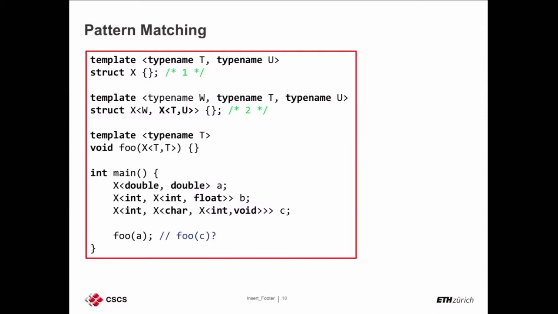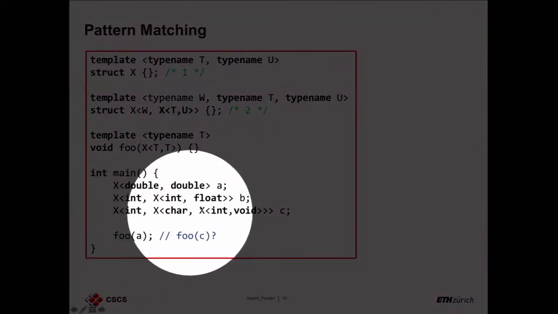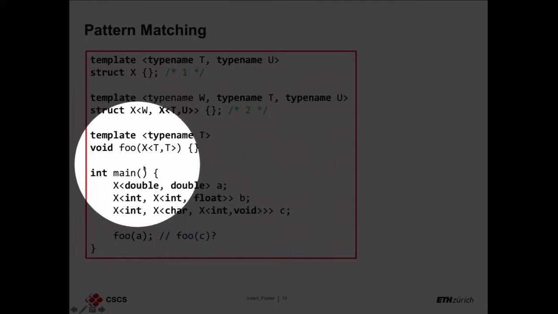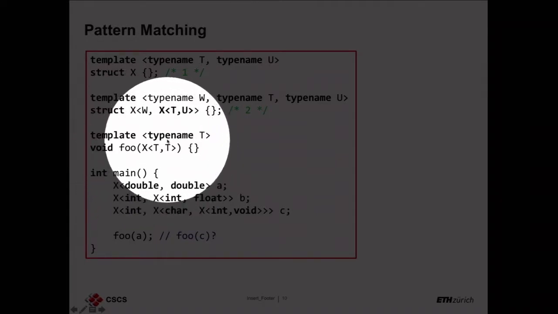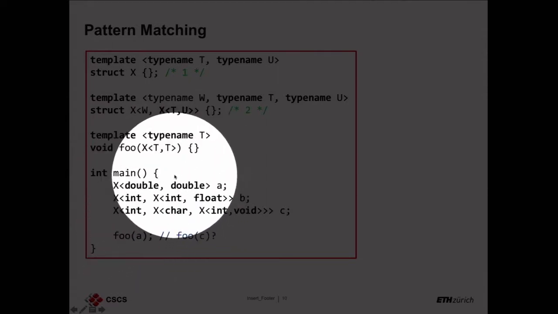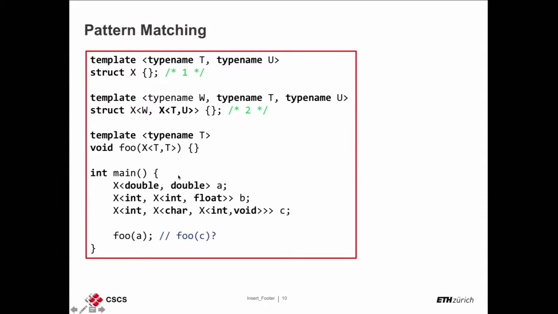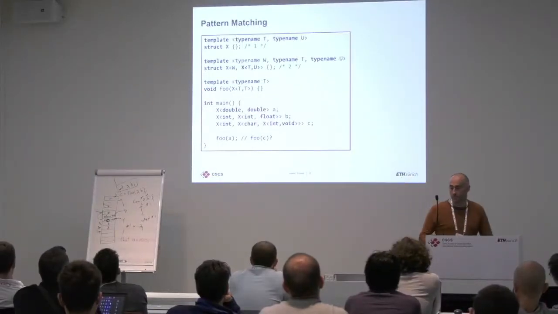Now this might take a bit of time to digest maybe. So if I'm doing foo of A now, so foo is a function that takes X<T,T> and type T. Now I call foo of A. Should that work? It does.